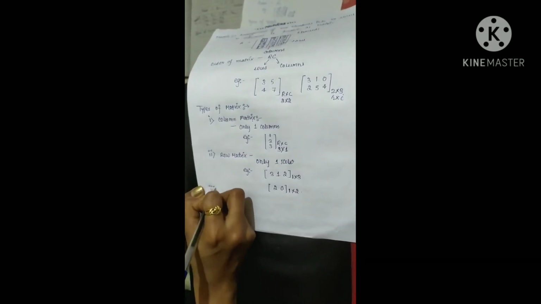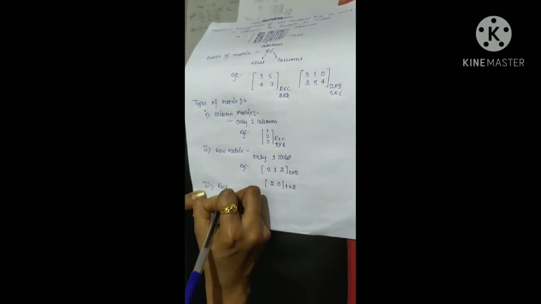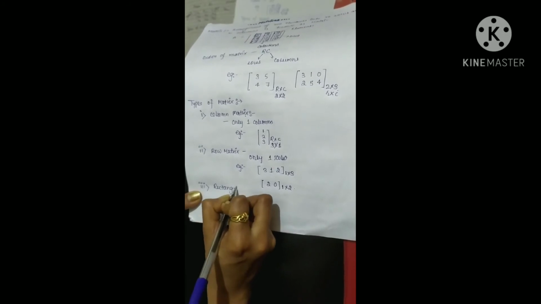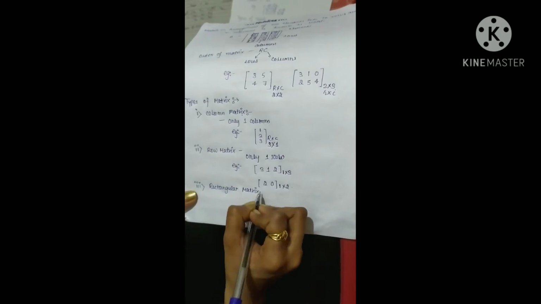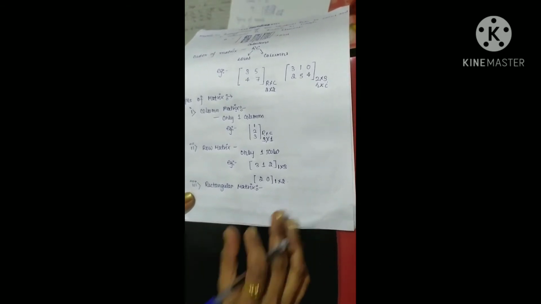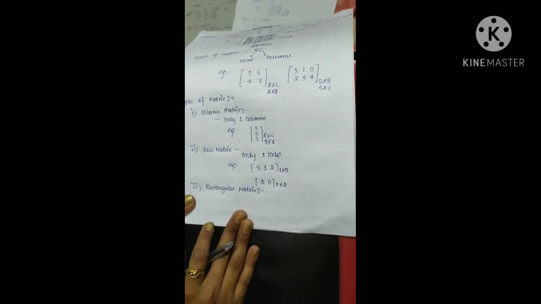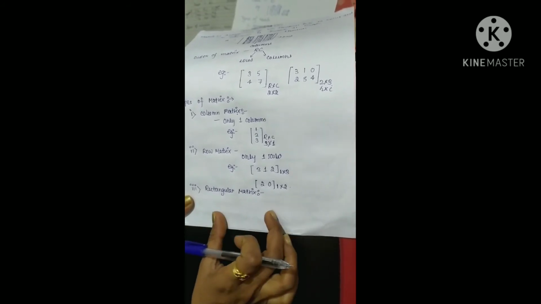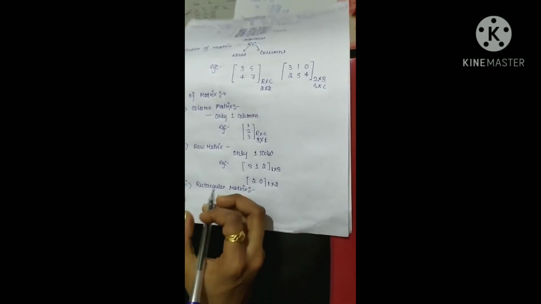Third one is rectangular matrix. Rectangular matrix means in which the number of rows and number of columns are not the same, not equal.